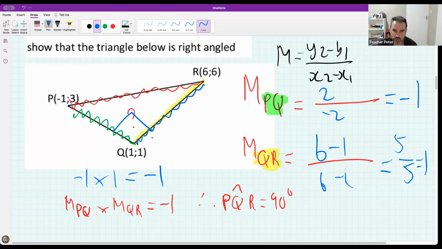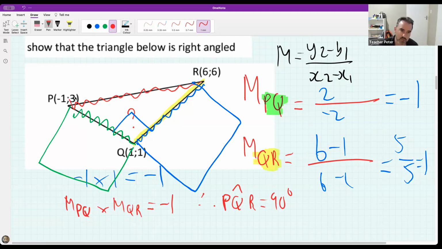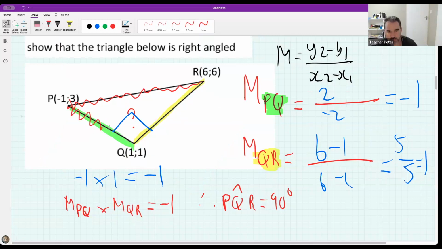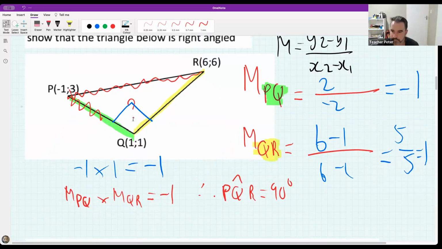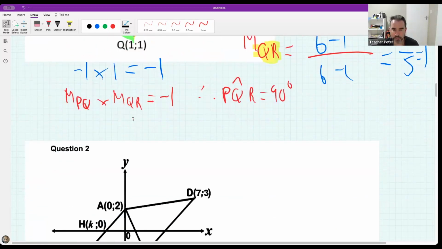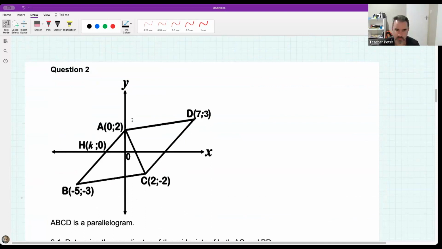If you showed that the blue one squared plus the green one squared was equal to the red one squared, using the converse of Pythagoras, that can also prove it's 90 degrees, but it takes way longer. So I really do prefer the gradient method.